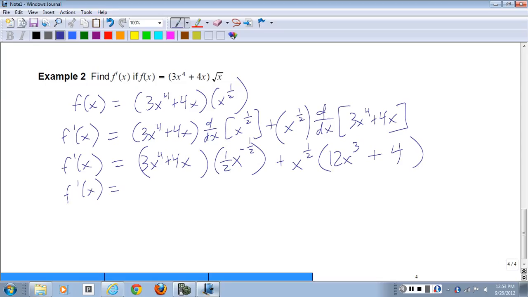Now I wonder what to do with the 1/2. Should I factor out the 1/2? Doesn't that just make it negative 1/2? Doesn't that just mean it's the square root of x, or 1 over the square root of x? Just want to make this as clean and neat as possible. Here's what I want to do.